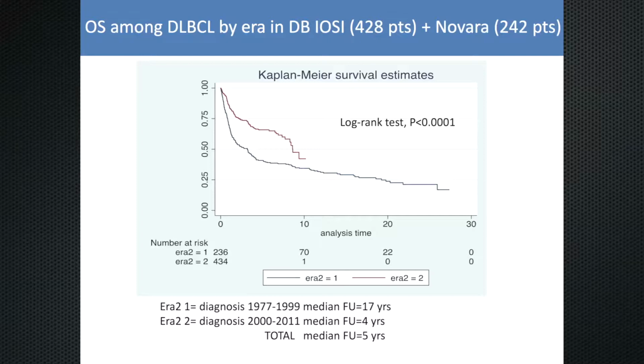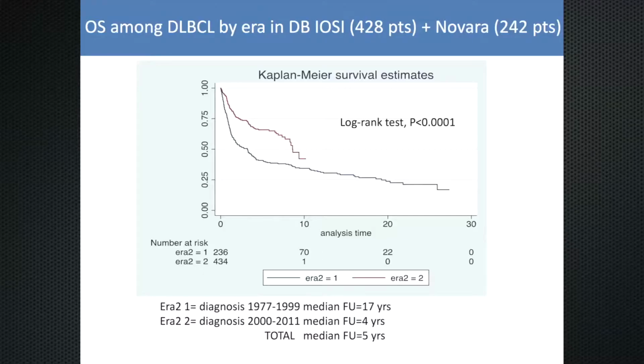And you see here that there has been an improvement in the outcome after the year 2000, which is due to the introduction of the combination of chemotherapy with the anti-CD20 antibody. However, you clearly see that also today, we will probably not cure more than 50% of the patients with diffuse large B-cell lymphomas.